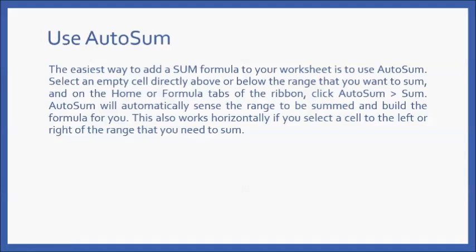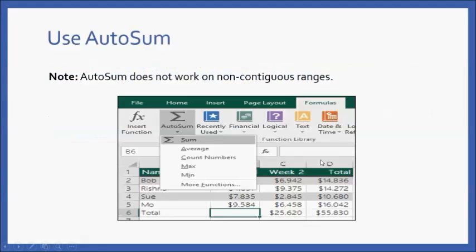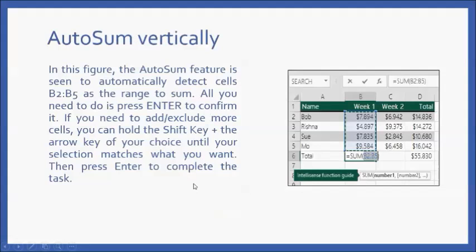This also works horizontally if you select a cell to the left or right of the range that you need to sum. So note, AutoSum does not work on non-contiguous ranges. So this is the symbol for AutoSum. Aside from AutoSum, we can also use average, count numbers, max for maximum, min for minimum, and other functions in Microsoft Excel.